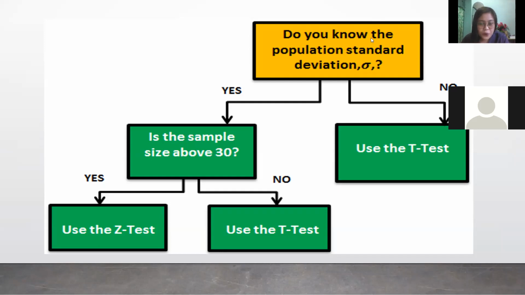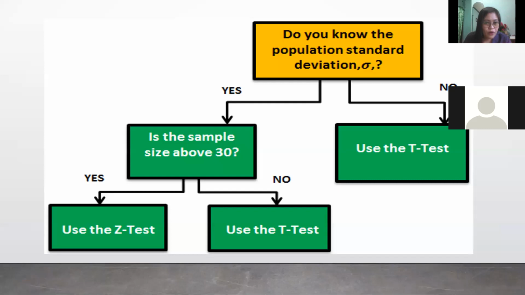Do you know the population standard deviation? When you look at the problem and see that the population standard deviation is not given or not known, then automatically we will be using the t-test. Again, if we don't know the population standard deviation, automatically we will be using the t-test.